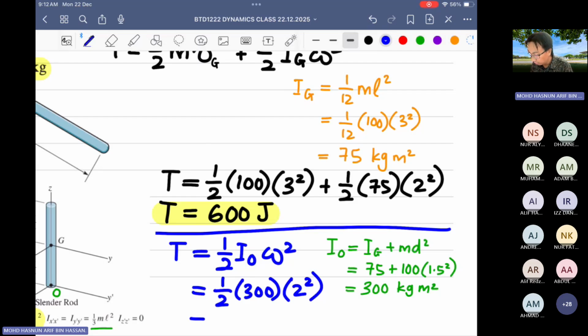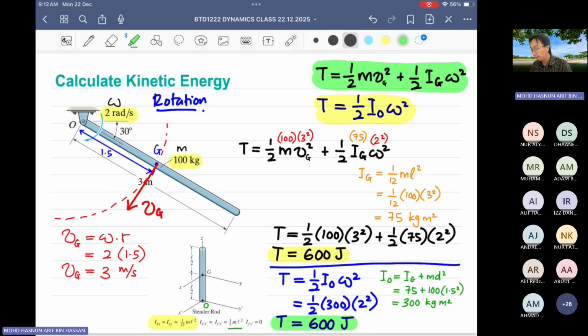So we have 0.5 times 300 times 2 square, which will also give you T of 600 joule. So it is proven that you will get the same answer using either one of these equations. You can decide which one you want to use.